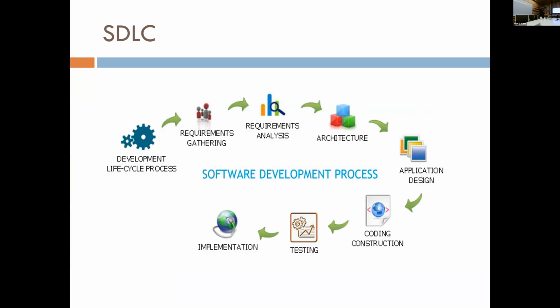The phases are broken down to analysis, planning, designing, implementation, testing, operation, maintenance. If somebody asks you to tell me the 7 stages of SDLC, in my personal experience, in interviews I faced, they never say here are the 7 phases of SDLC.